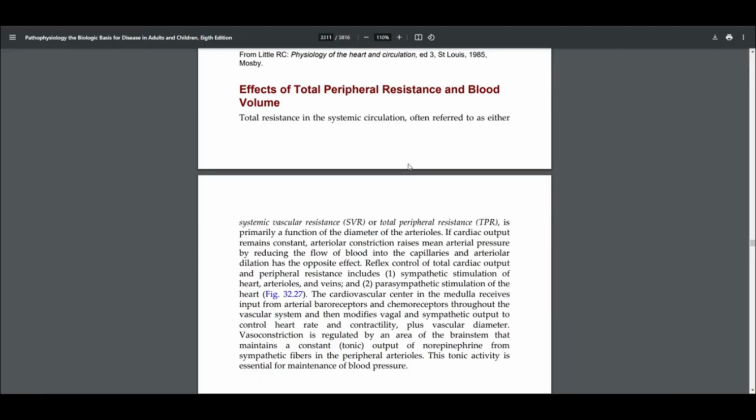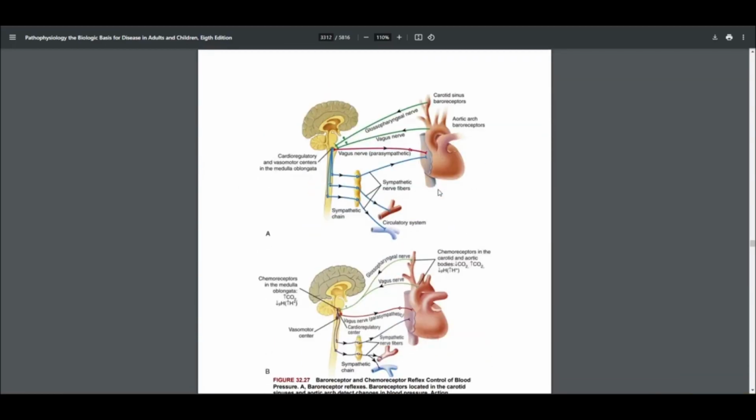Vasoconstriction is regulated by an area of the brainstem that maintains a constant output of norepinephrine from sympathetic fibers in the peripheral arterioles. This tonic activity is essential for maintenance of blood pressure.